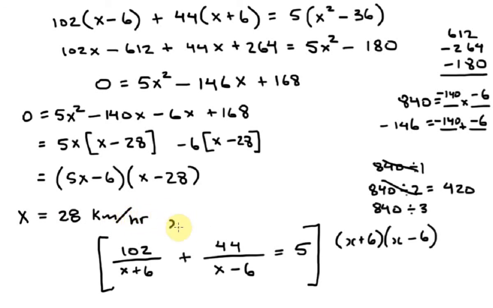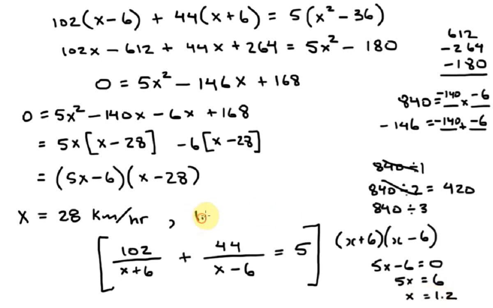The other possible answer is to try to make this 0, so I'd add over the 6 and then divide by 5. It looks like I'd have 1.2.